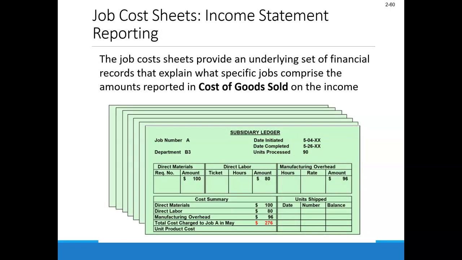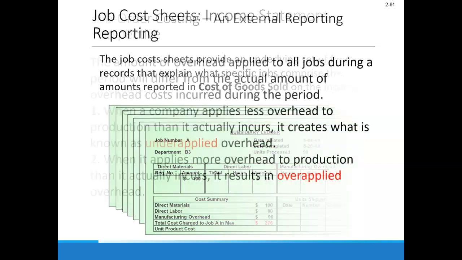The job cost sheets provide an underlying set of financial records, and they explain what specific jobs comprise the amounts reported in the cost of goods sold on the income statement, because we'll see exactly those costs assigned to those jobs, and if they're sold, they're going to be out of the inventory.